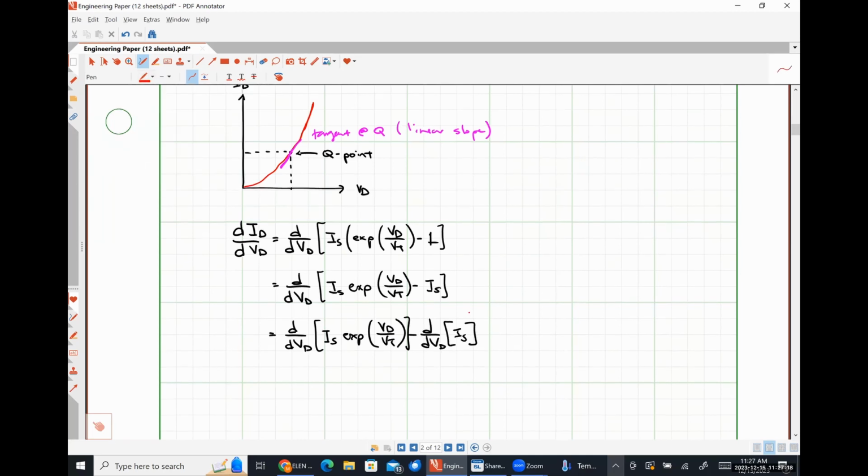We know that this term is 0 because we're just taking the derivative of a constant.